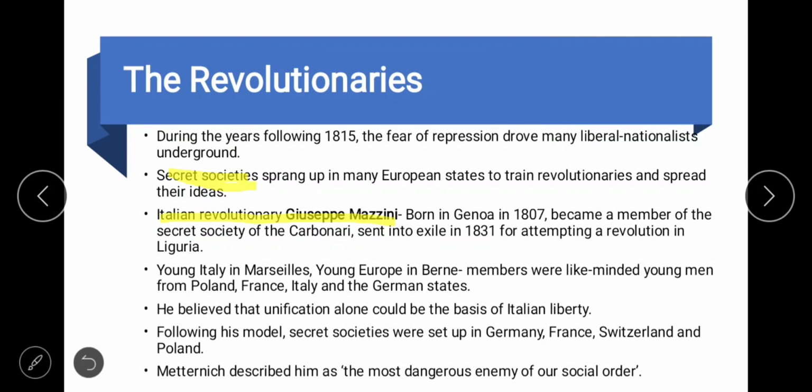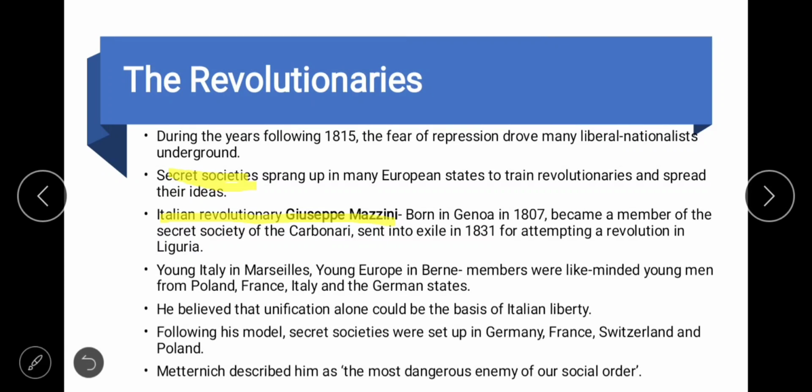This person, who became a member of the secret society of the Carbonari, was sent into exile in 1831. For what? He was sent into exile for attempting a revolution in Liguria, where he subsequently founded two more underground societies.